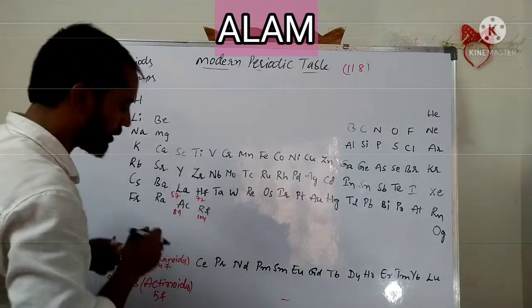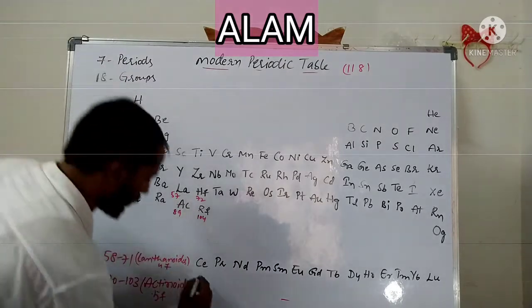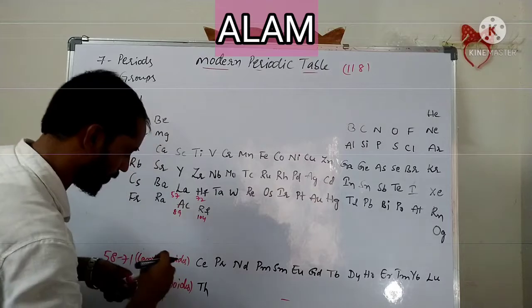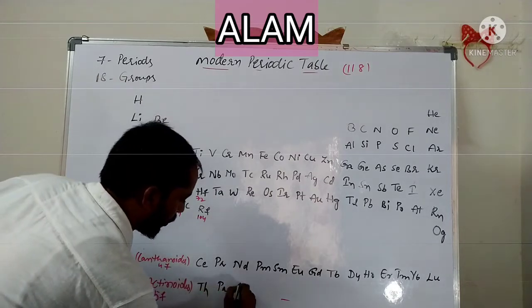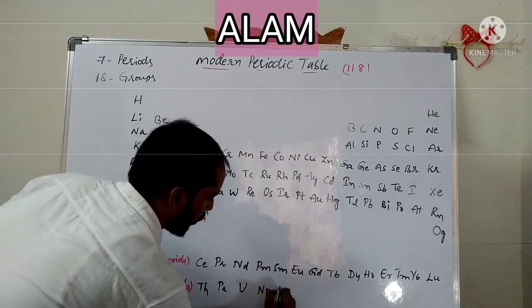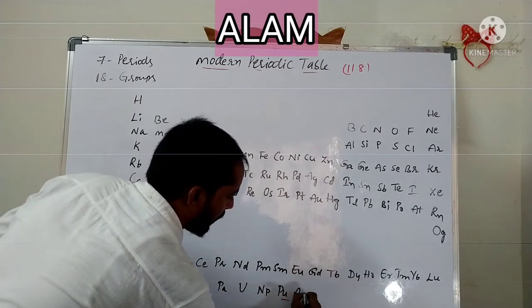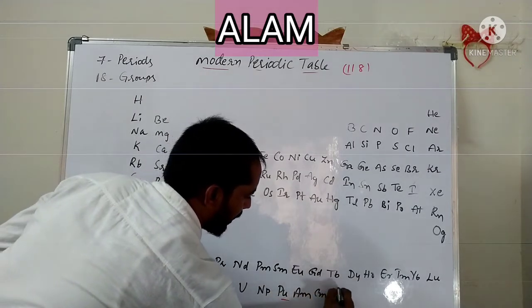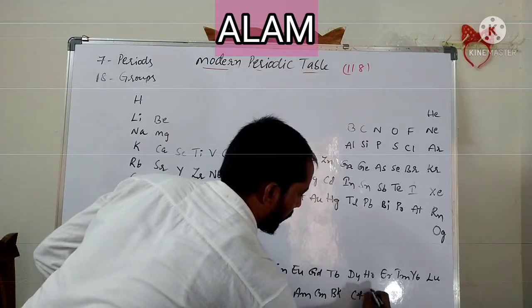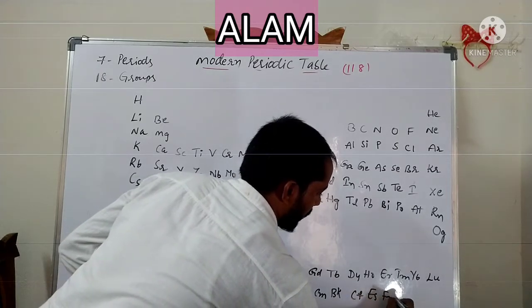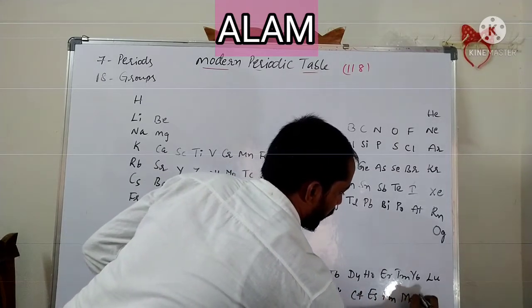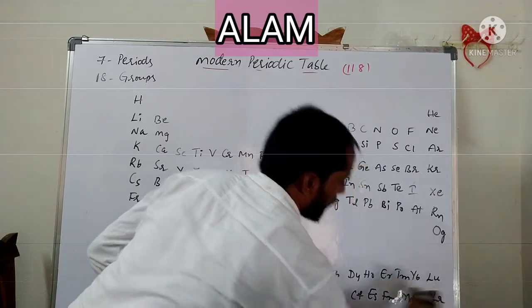These actinoids are from thorium: thorium, protactinium, uranium, neptunium, plutonium, americium, curium, berkelium, californium, einsteinium, fermium, mendelevium, nobelium, lawrencium.